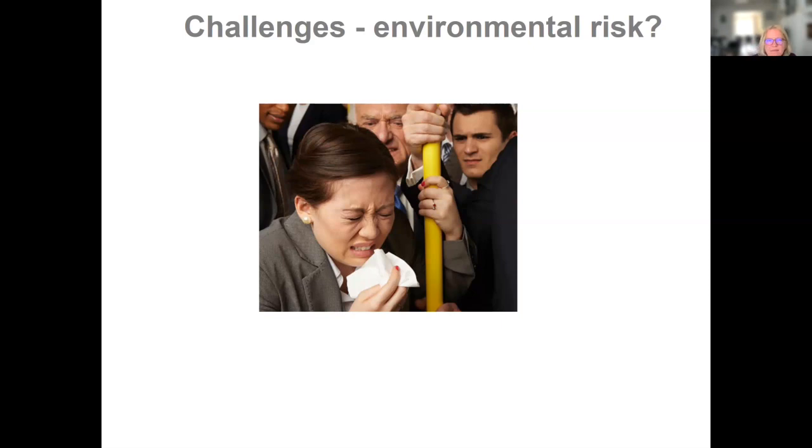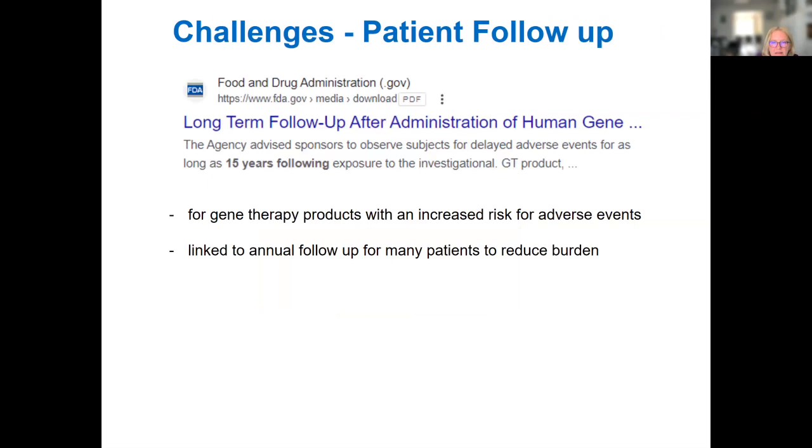These are all things we have to consider when we are developing gene therapies, and we have to prove to the regulatory bodies that the risks are minimal. And if the risks of environmental exposure are not minimal, it means that maybe we have to keep the patients in hospital after gene therapy for a few days, maybe a week or so, until they're not releasing vector anymore when they're sneezing, which would reduce the environmental risk.